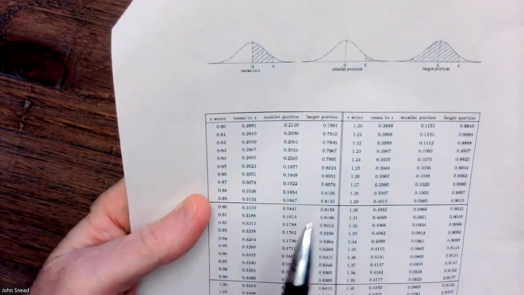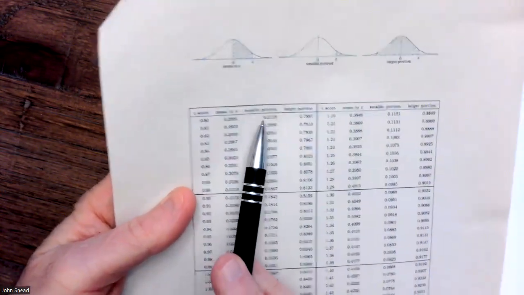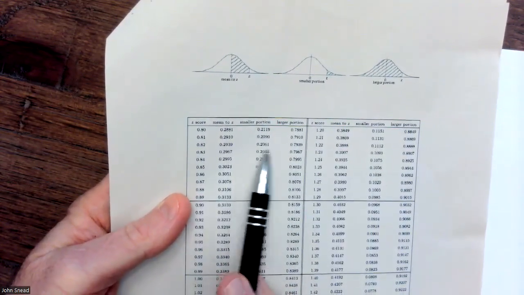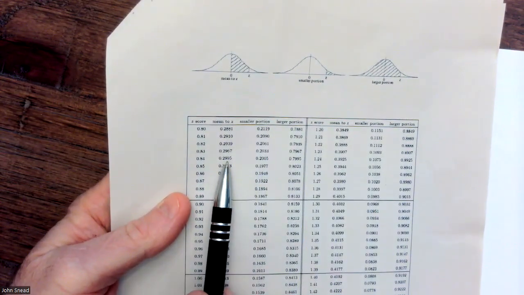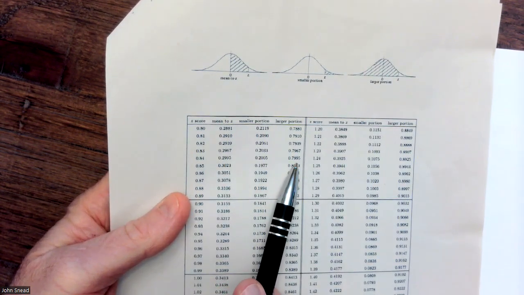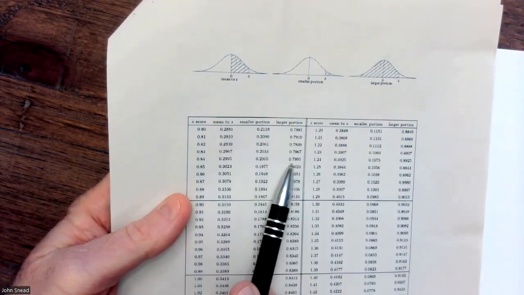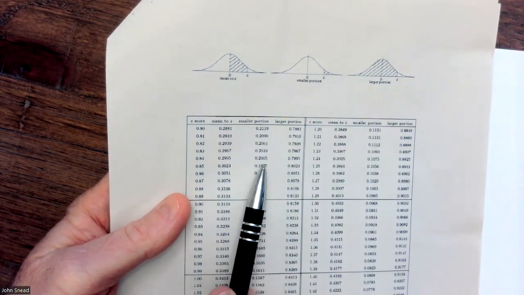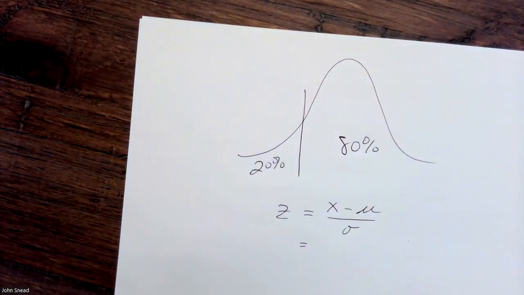Again, that's going to be the gap between the larger portion and the smaller portion. At 0.84, we see 0.2005 and 0.7995. That is the split that's the closest to 80-20, so that's going to suffice for our purposes.